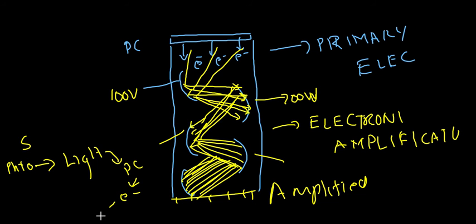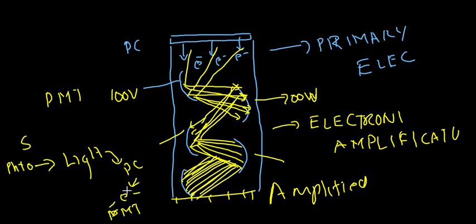These primary electrons are accelerated by a special arrangement of the photomultiplier tube, which amplifies your signal, thereby giving you a very good signal. This signal is an electrical signal, proportional to the amount of primary electrons produced.